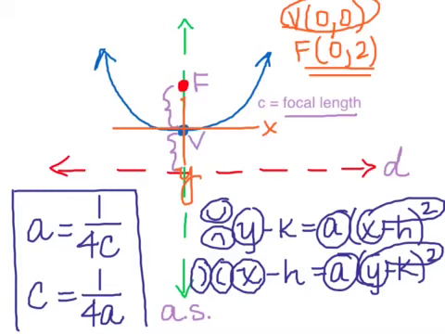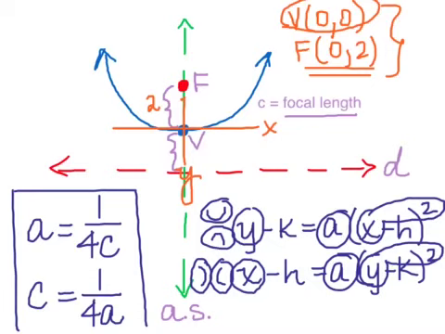So that means the parabola has to be opening towards the focus. So the blue parabola we have is just perfect for this scenario. So you know some stuff already just from these two pieces of information. You also know what C is now because you know that the focus is 2 units above the vertex. And so C must be 2.